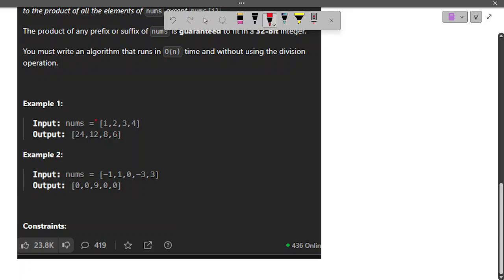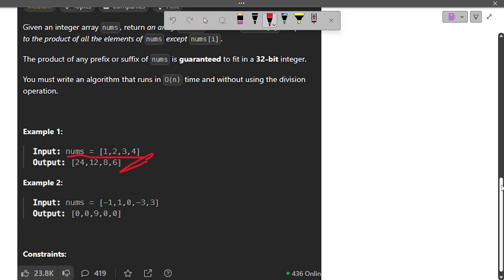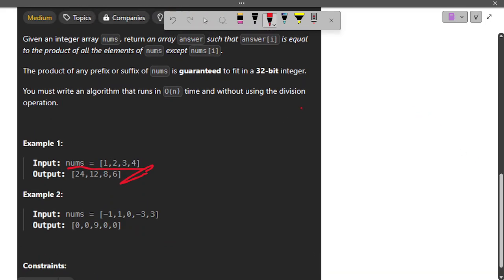Look here. In this example, you are given the nums array 1, 2, 3, 4, and the output is 24, 12, 8, 6. It says that you have to multiply all the elements of the array except self.